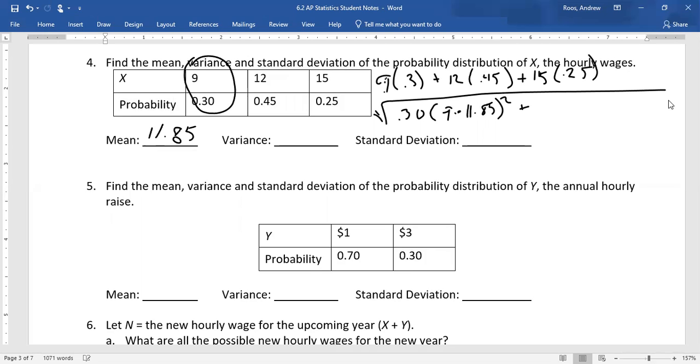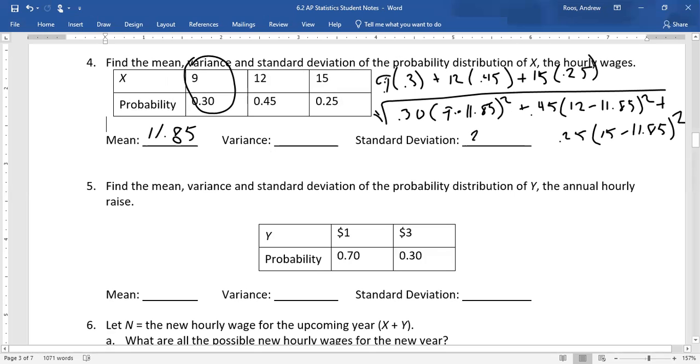So then we do that for the next 2 columns. So we'd have probability times distance from the mean squared, plus 0.25 times 15 minus 11.85 squared. Okay, find the square root of all of that. That would give you the standard deviation of 2.22.